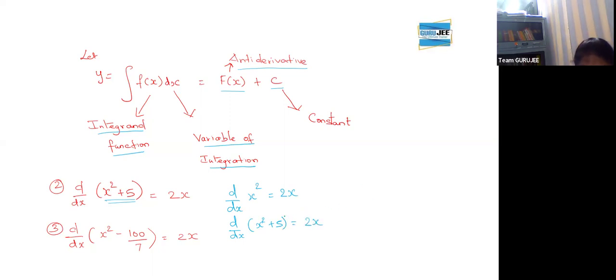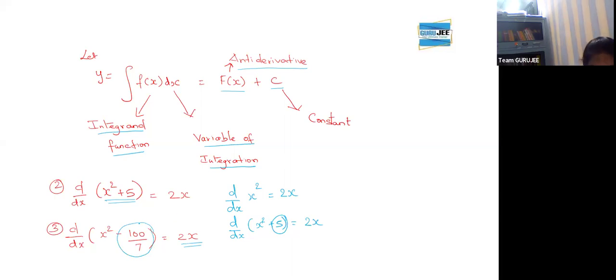So where has this 5 gone? In the next example also, d by dx of x square minus 100 by 7 results in 2x. This minus 100 by 7 went somewhere.